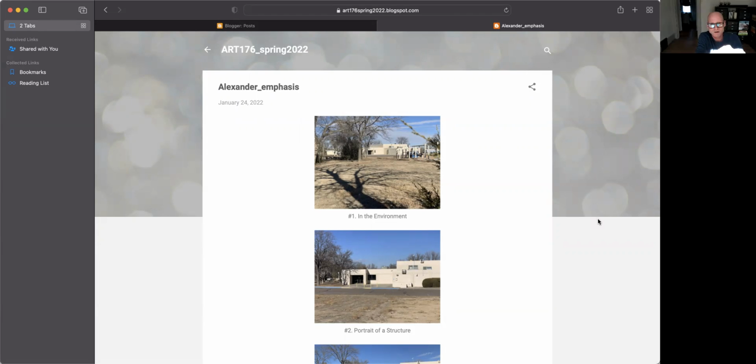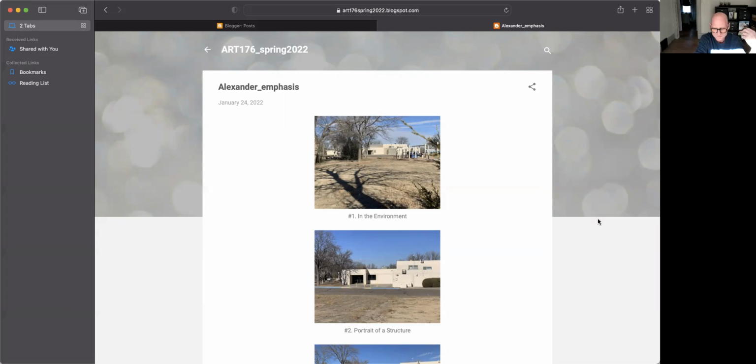Not everyone is able to break down a set of instructions and then be creative within that. So for this project, we're starting off at a distance. We're establishing an environment for a structure or a building, and then we're progressively getting closer to it, but not just arbitrarily. We're cutting the distance in half.